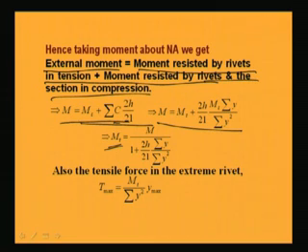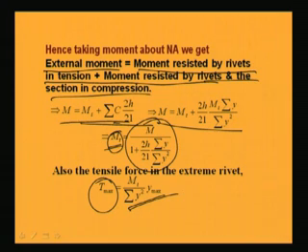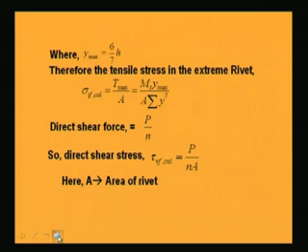So, M_T which is developing in the tensile rivet can be found from this equation, and similarly T max, the maximum tensile force developed in the extreme rivet, also can be found from this. So, in this way I can find out sigma Tf cal and tau Vf cal, from which I can make the design check.